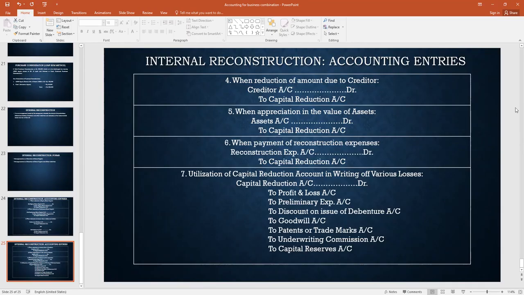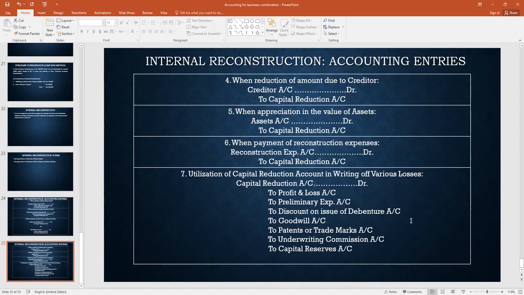First of all, we add all the amounts transferred to the capital reduction account and find the total. Then the journal entry will be capital reduction account debit to whatever losses we want to write off: to profit and loss account, to preliminary expenses, to discount on issue of debentures, to goodwill account, to patents or trademarks, to underwriting commission.